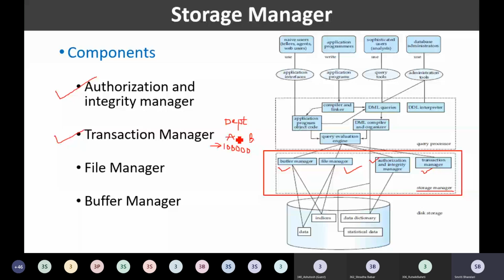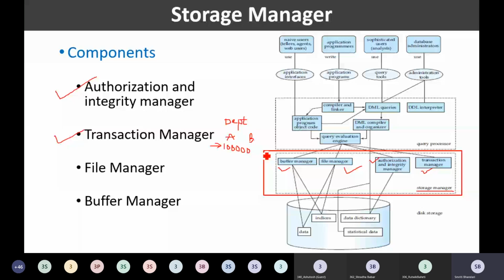So this is one transaction. When we say it is one transaction, it is one logical unit of work. Transaction is one logical unit of work.